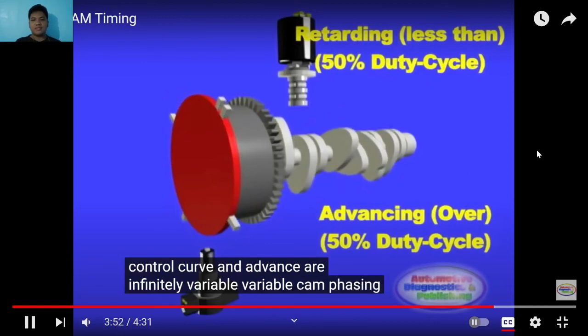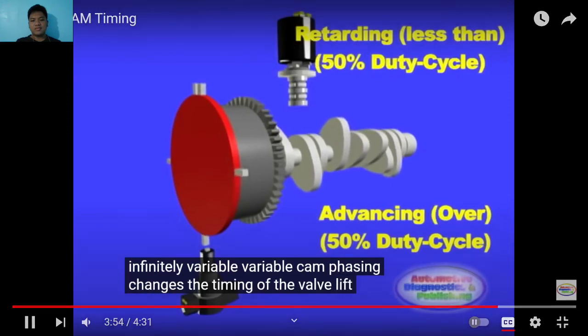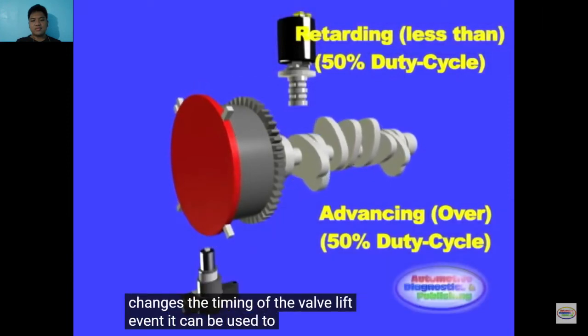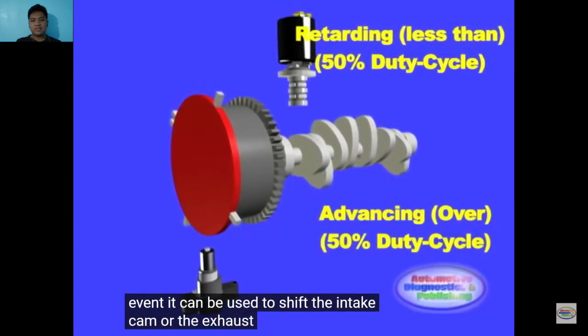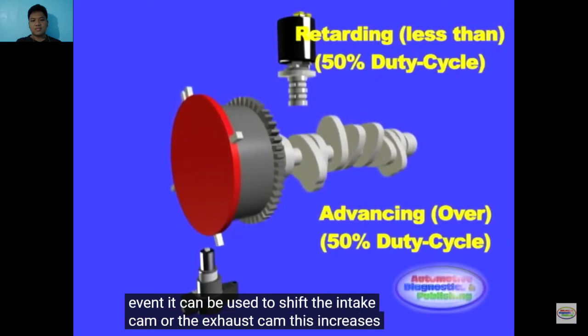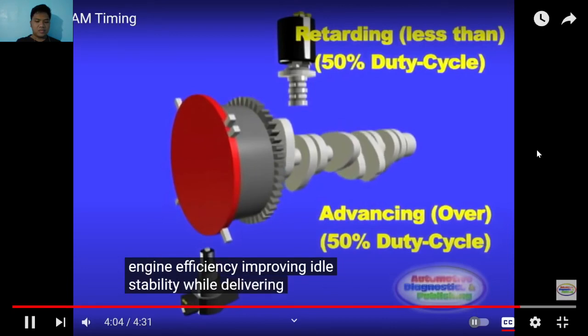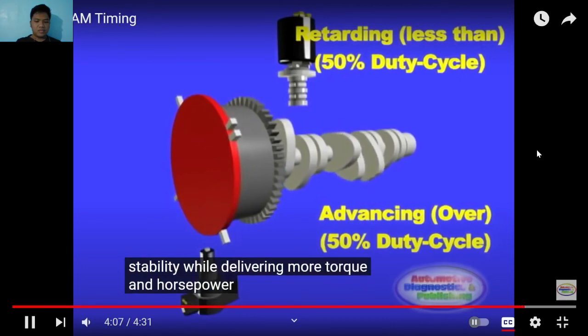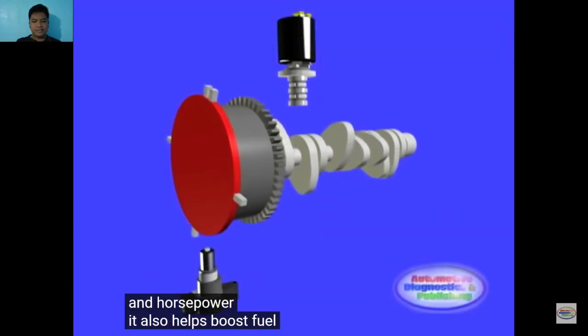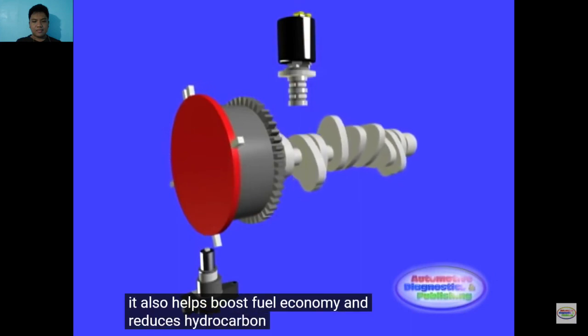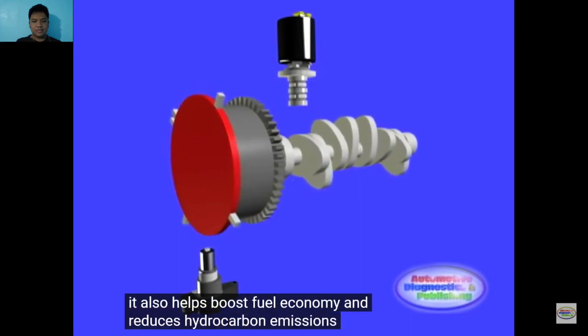Variable cam phasing changes the timing of the valve lift event. It can be used to shift the intake cam or the exhaust cam. This increases engine efficiency, improving idle stability, while delivering more torque and horsepower. It also helps boost fuel economy and reduces hydrocarbon emissions.